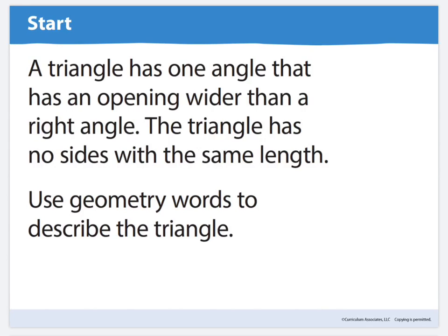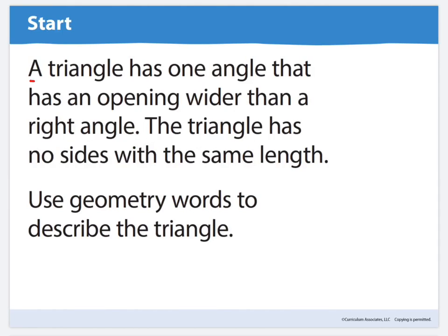We are going to use geometry words to describe the triangle that is talked about in the paragraph above here. But remember that we need to remember our geometry vocabulary words in order to use the correct words to describe this triangle. A triangle can be described by both its sides and its angles.